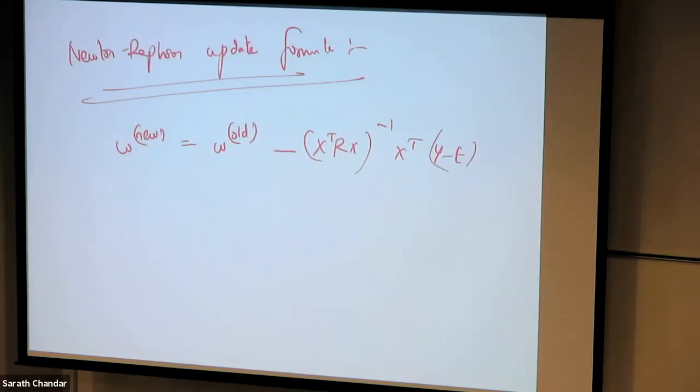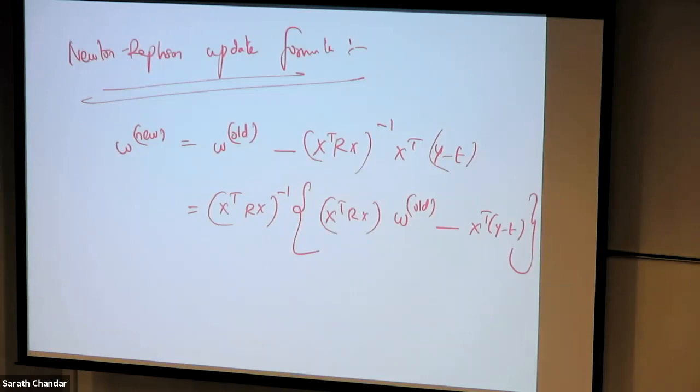Now I'm going to do a little bit of restructuring here. I'm going to take X transpose R X inverse out. There is no such term in the first part, so I have to add it. And minus X transpose Y minus T. Is it clear?